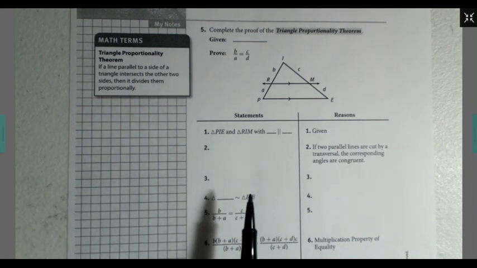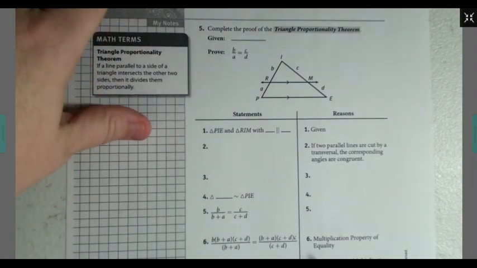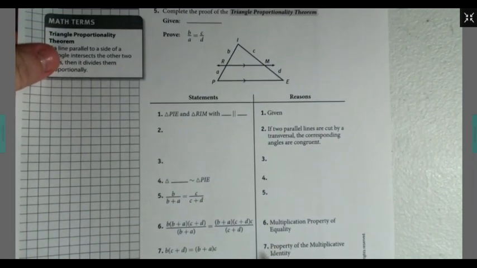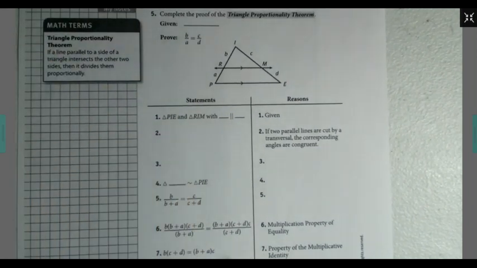Okay, so then it asks us to work through this proof. I am actually going to work through this entire problem with y'all. So let's take a look at what this triangle tells me. This kind of goes back to what we just talked about leading up to 1 to 4.